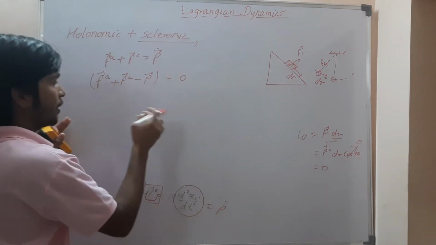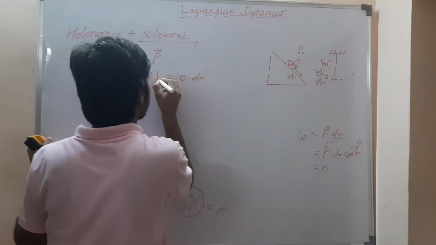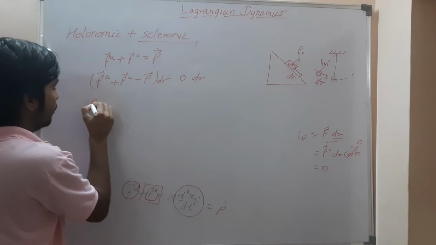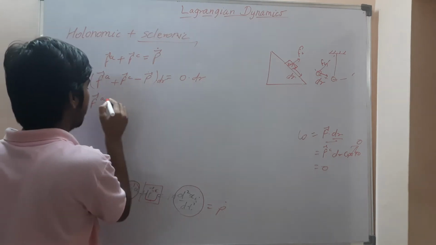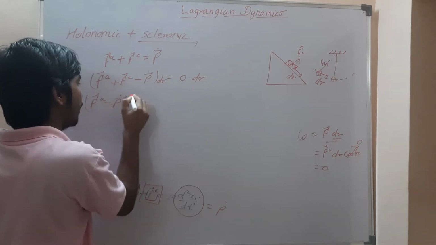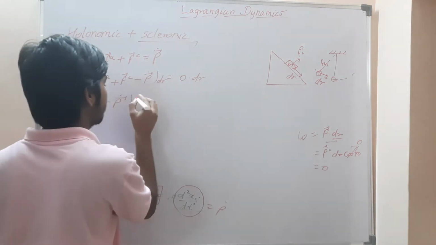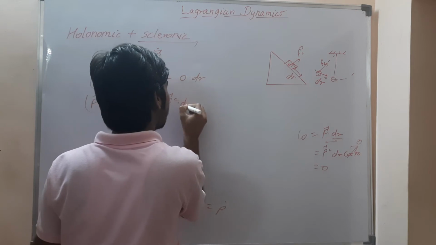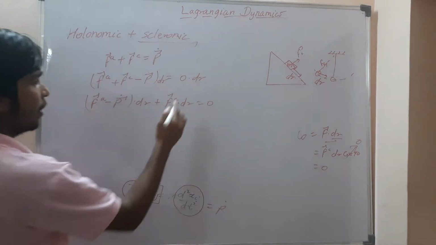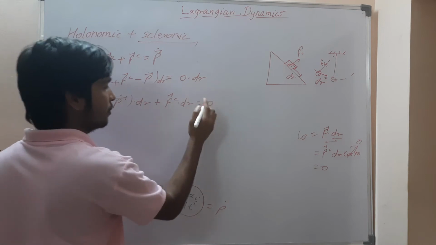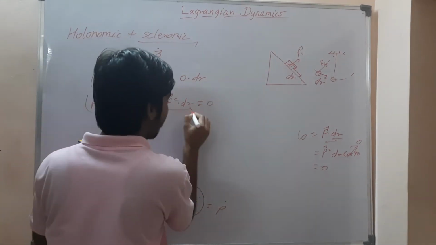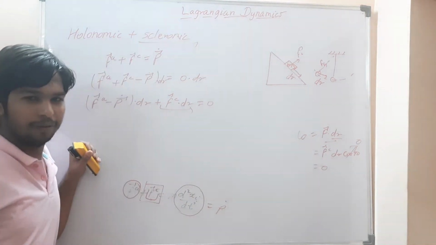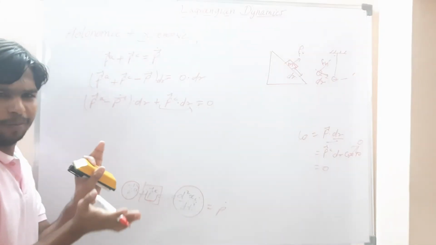If I multiply both sides with dr, I take the force of constraint outside, so it is applied force minus p dot, dot dr, plus force of constraint dot dr is equal to 0, because anything multiplied with 0 gives 0. And the force of constraint term will be 0 because the force of constraint is always perpendicular to the motion of the particle.